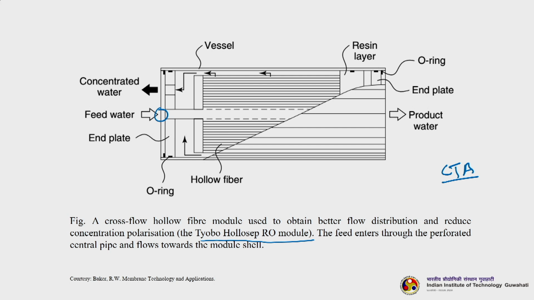And you can get product water here, that is the permeate, and the concentrated water here. This particular Toyobo hollow fiber RO module is very famous for two things: one is very good chlorine resistance as well as extremely good biofouling properties.